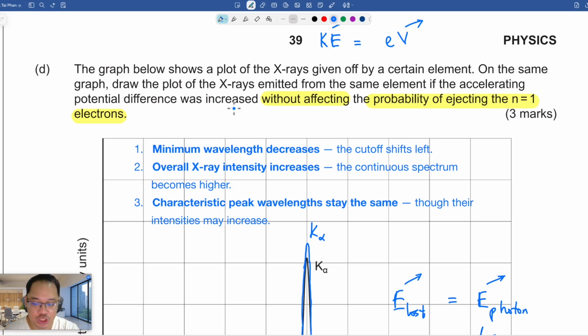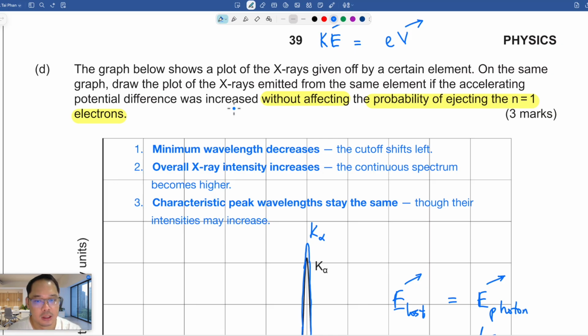Again, per each one incident electron. However, when the accelerating potential difference is increased, the number of electrons ejected from the metal source, which are the incident electrons, increases as well.